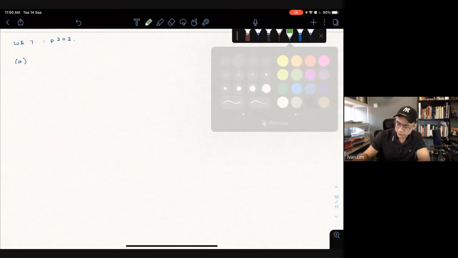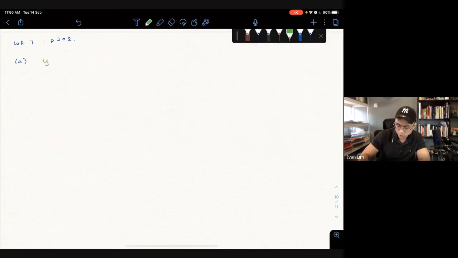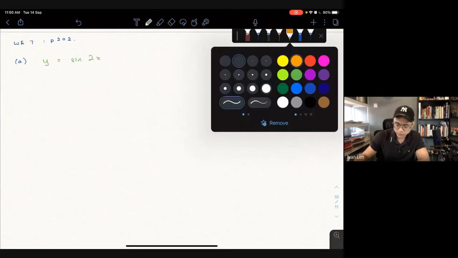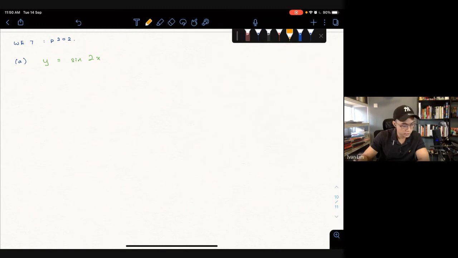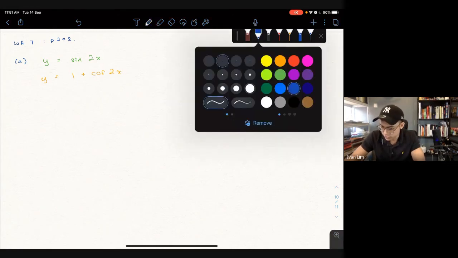Let's put the first one in green color. Y equals to sine 2x. Second one, we put it in orange color. Y equals to 1 plus cos 2x. Okay, 1 plus cos 2x. Okay, I give you all 1 minute. Try sketching it by yourself first. Just roughly sketch it first.